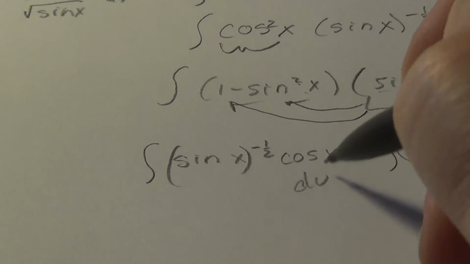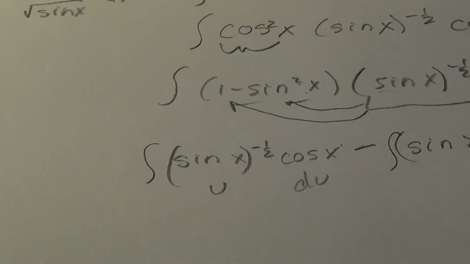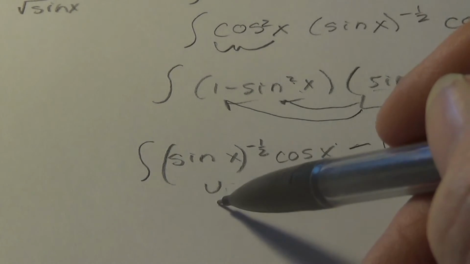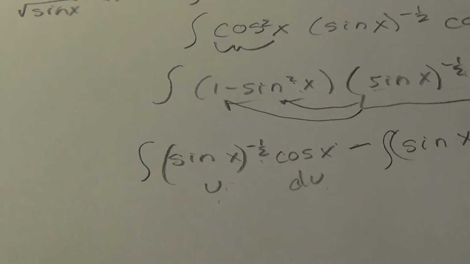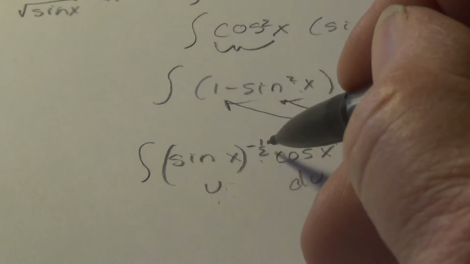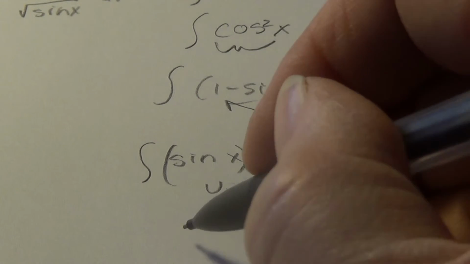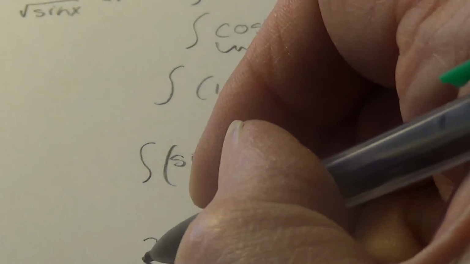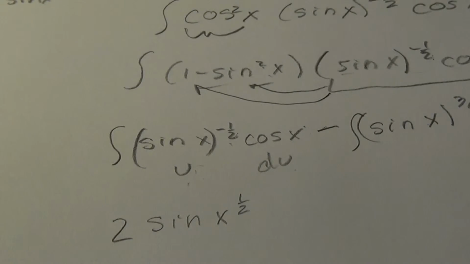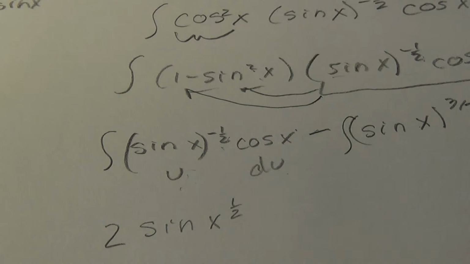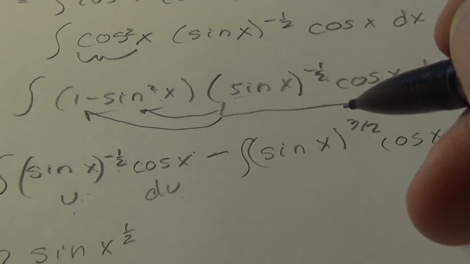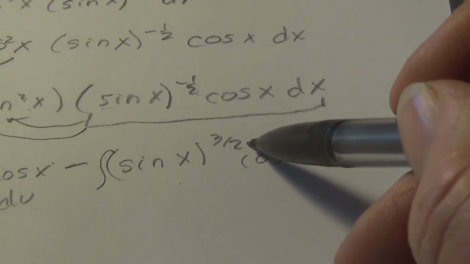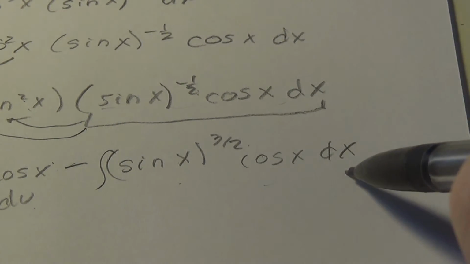All right, so we can integrate now with our u du. This is our du, this is our u. We don't have the sine problem because the derivative of sine is cosine. So our u is raised to the negative 1/2. When I take the integral of that, I end up adding a 1 to that. So I'm going to get sine x to the 1/2 divided by 1/2, which is the same as multiplying by 2. And then over here on this integral, I have u raised to the 3/2. There's my du.